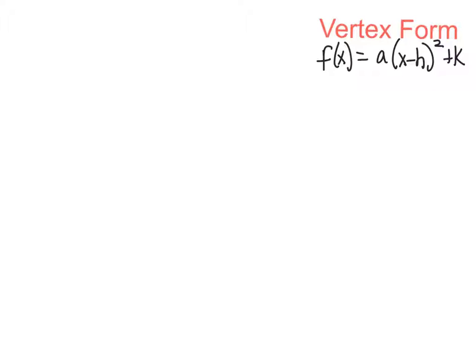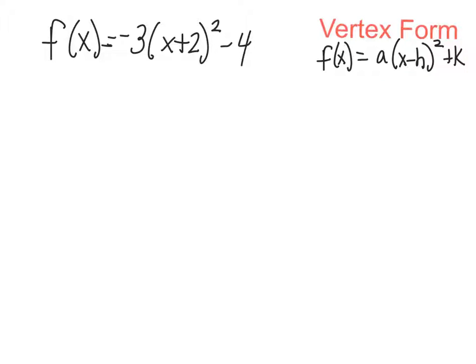So for example, if we had f of x equals negative 3 multiplied by x plus 2 squared minus 4, that's vertex form. It tells you the vertex. So right off the bat, we can find our vertex, which you should know in this problem, since it opens downward, it's going to be a maximum. So your vertex is negative 2, negative 4.